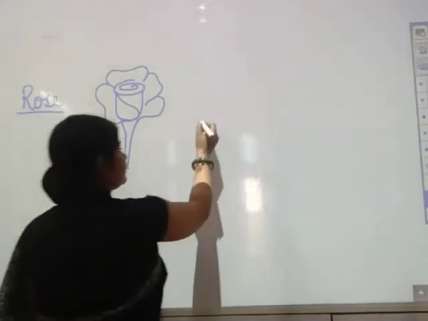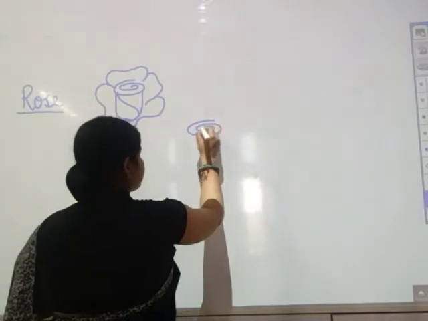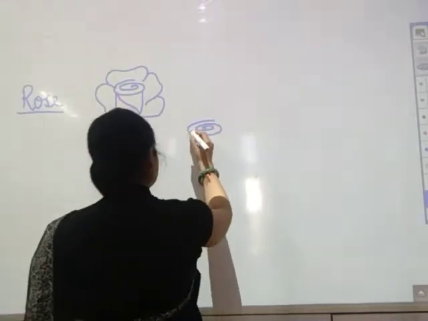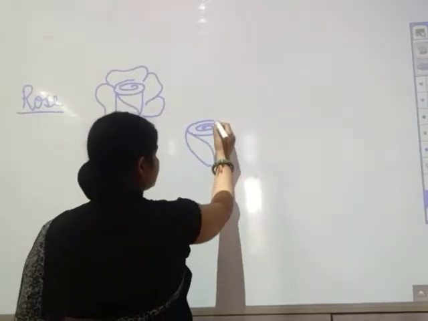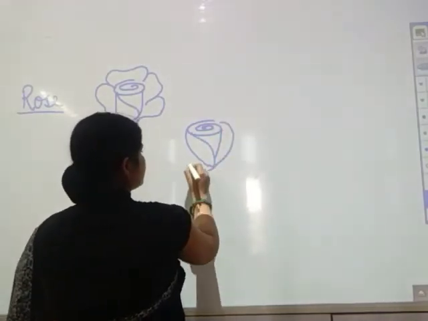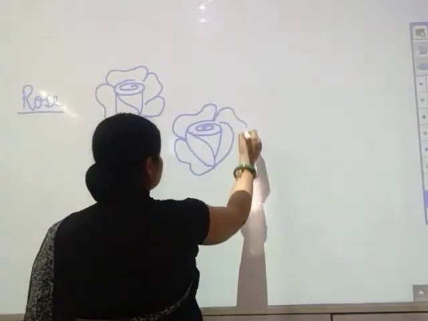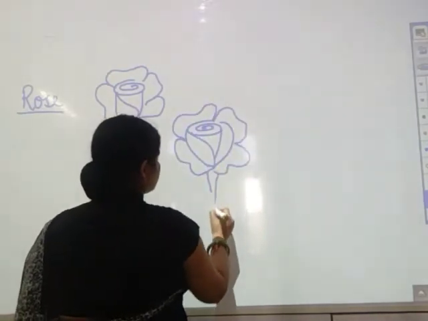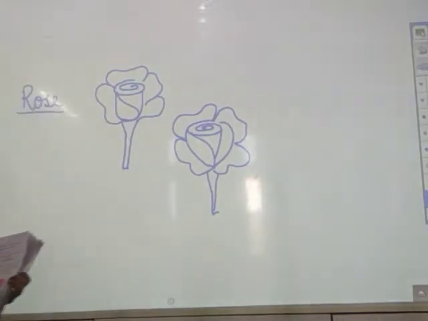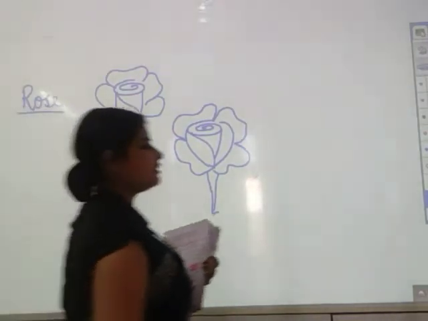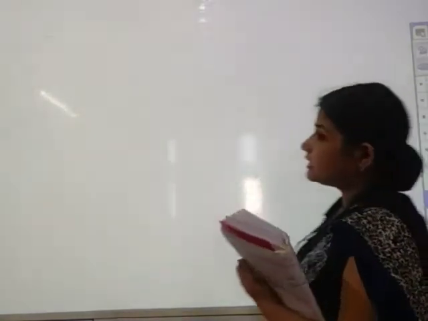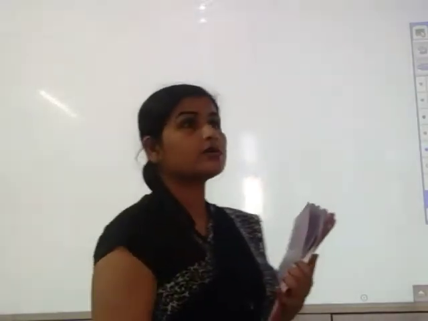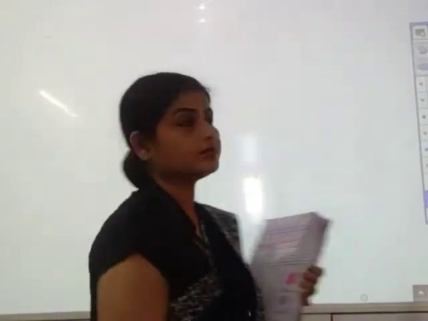Okay, or else you can do this spiral, then what is this? This is a rose, and color it with your favorite color, because roses are of many colors. White rose, yellow rose, red rose, pink rose, even blue roses also.